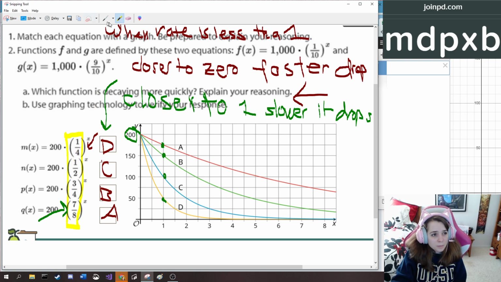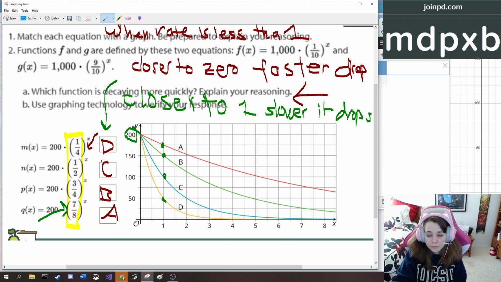This is how much remains after each week. So the bigger the fraction, the closer it is to 1, the slower it's going to decay. However, the smaller it is, the closer it is to 0, the faster it's going to decay.